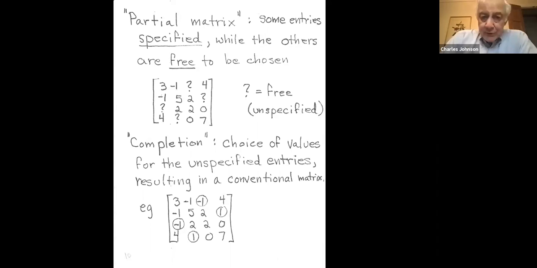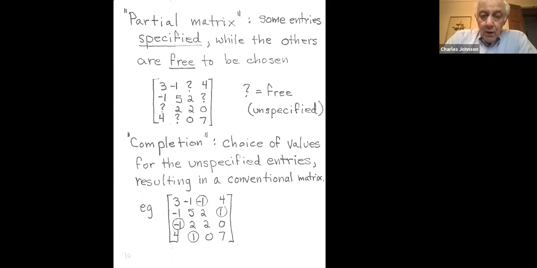Now, in most square problems, it's natural to assume that the diagonal entries are specified. So as in this example, I've specified the diagonal entries and some of the off-diagonal entries, and the remaining off-diagonal entries are free to be chosen. And in this example, I have symmetry, just as we would in the positive definite problem or the Euclidean distance matrix problem or others.